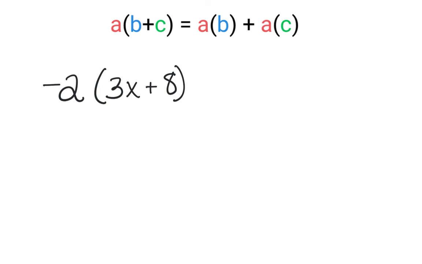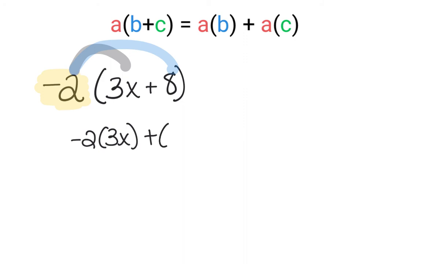On this next example, the number outside the parentheses is negative. And so all we have to make sure that we do is when we multiply those terms inside, that we're multiplying them by -2. So I have -2 times 3x plus -2 times 8.